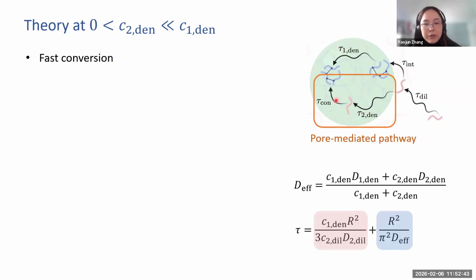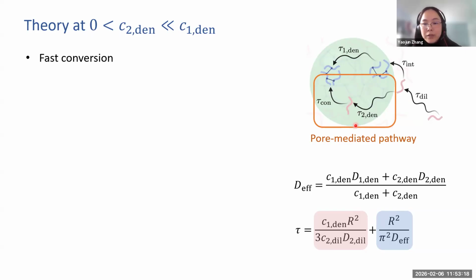In the presence of this free population, we have the pore-mediated pathway. In this case, we have two limits. First, if conversion is very fast, which means that the molecules in the dense phase will constantly switch between the network attached and detached states. When the molecule is attached, it diffuses slowly with D1 dense, and when the molecule is detached, it diffuses fast with D2 dense.